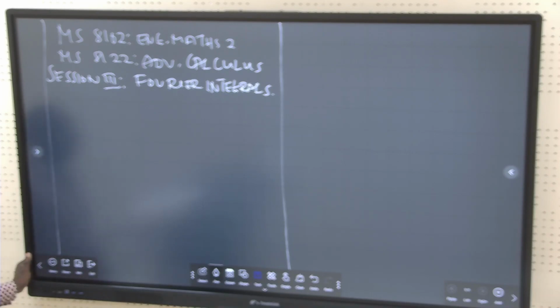We have seen in our session 1 the introduction to Fourier integrals, properties and characteristics, the way they behave, even functions and odd functions in finding the areas.